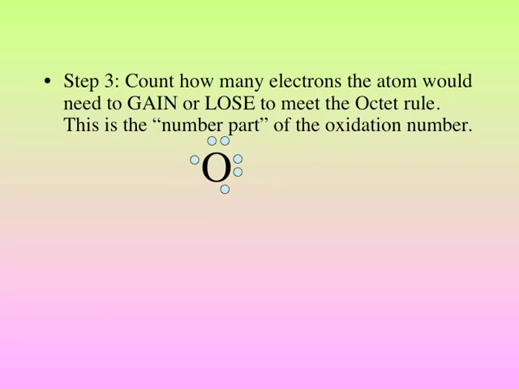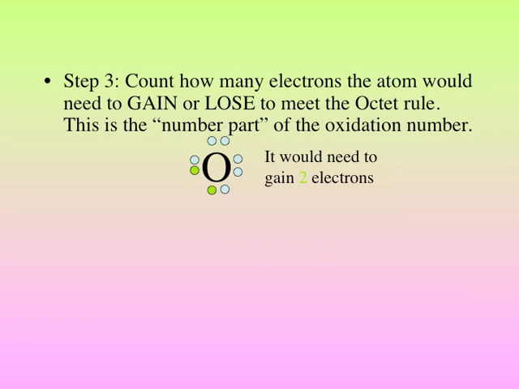Step 3 is to count how many electrons the atom would need to gain or lose to meet that octet rule. And this is going to give us the number part of the oxidation number. So for oxygen, the easiest thing to do is for it to pick up the 2 extra electrons that it would need to make an outer shell that feels happy with 8. In this case, it's going to gain 2 electrons.